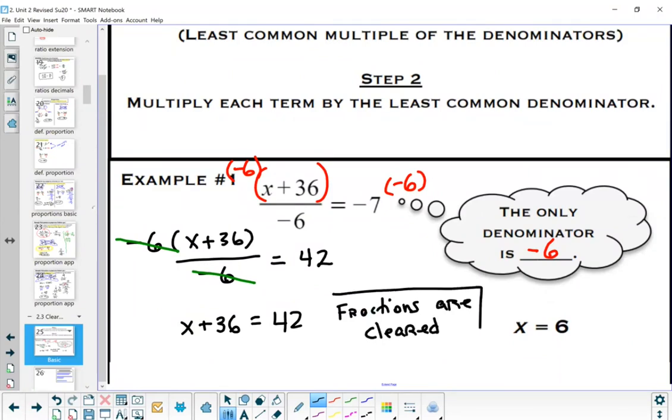That's the whole point. No more fractions. Now continue to solve this. So I have x plus 36. I want to do the inverse of plus 36 by doing -36 on both sides. So we're left with x equals 6.